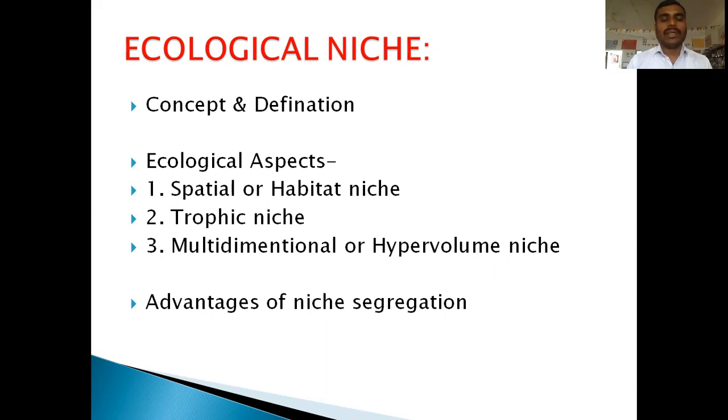Then the next scientist, Charles Elton, in the year 1927 described niche as the functional status of an organism in its community.